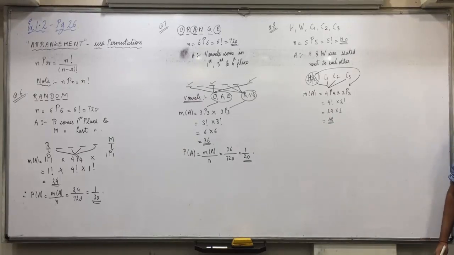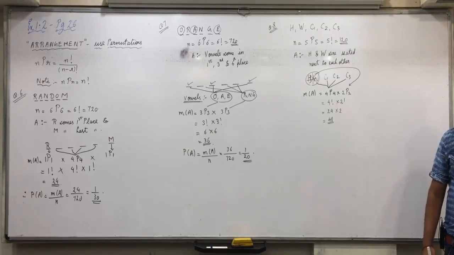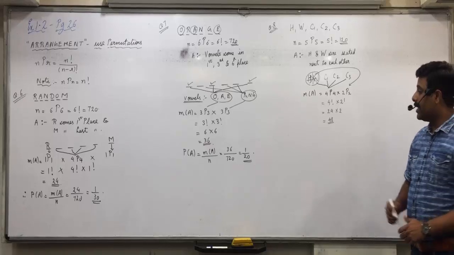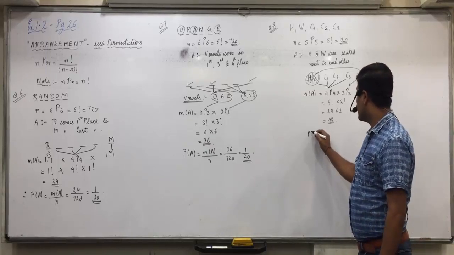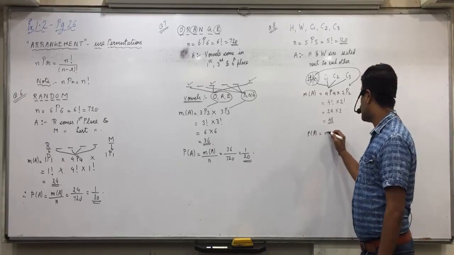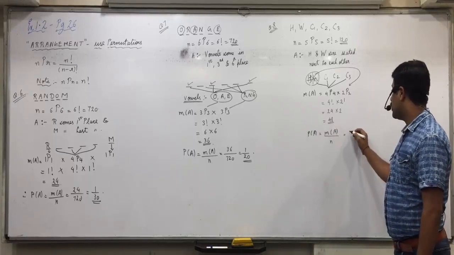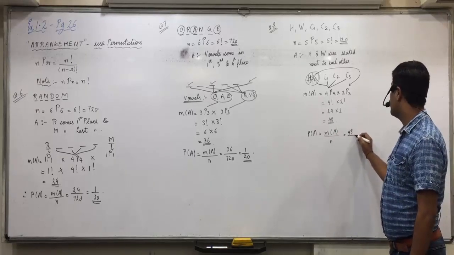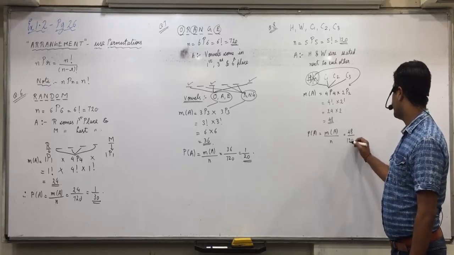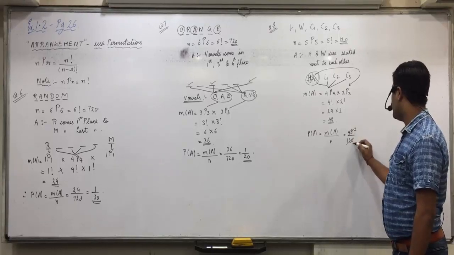Did you all understand this? Anyone who is not clear with it? Then again the formula P(A) equals m(A) upon n. So 48 upon 120, 24 into 2, 24 into 5, 2 by 5.